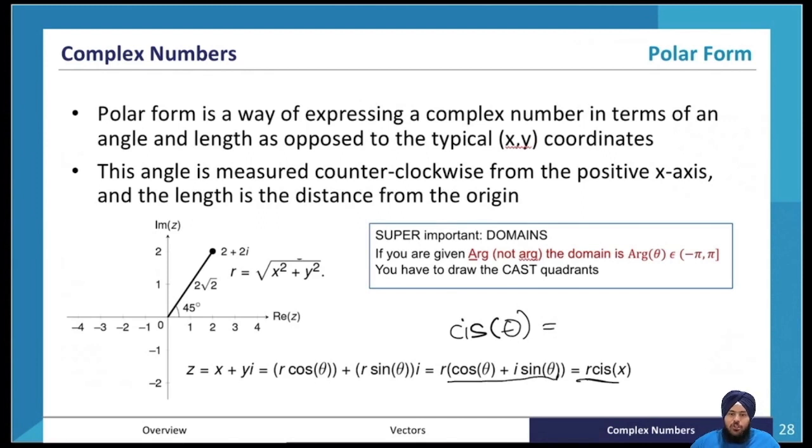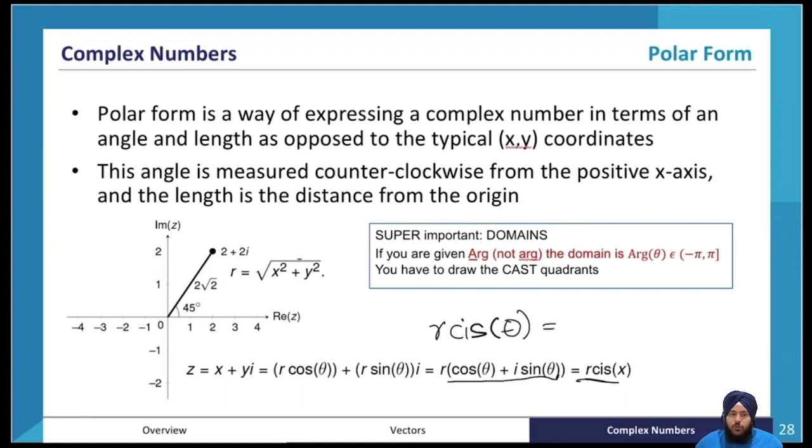It's a shortened version of writing cos theta plus i sine theta. Rather than writing that every single time, we simplify to cis theta. It just makes it easier for us. So this is what it will end up looking like: r cis theta.